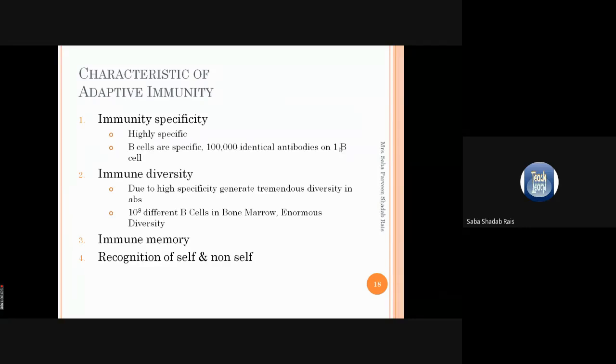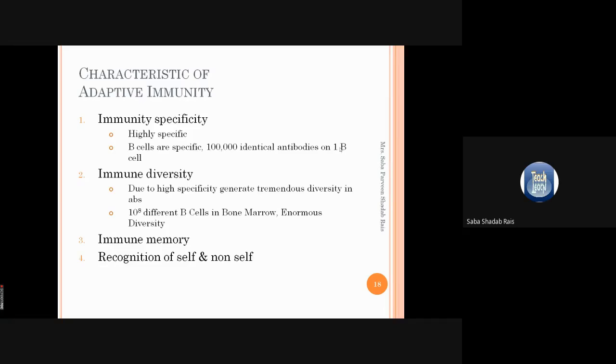Is that clear? And this is so accurate that most of the time our body will not have a single symptom of entry of that particular parasite. Understand? The best part about the adaptive immune response is that it can recognize self and non-self. This is the best part.